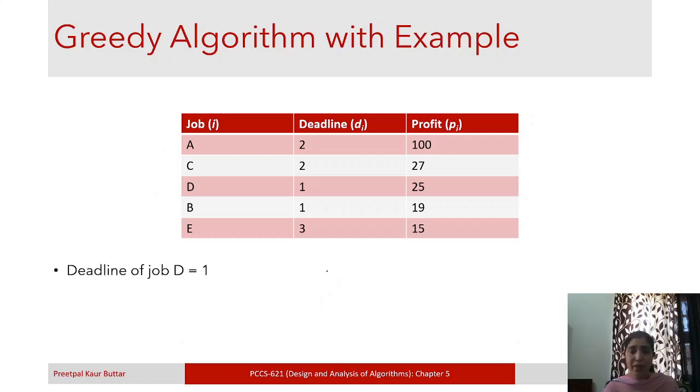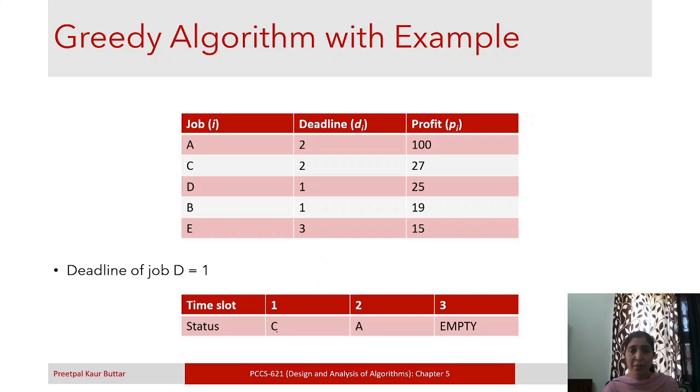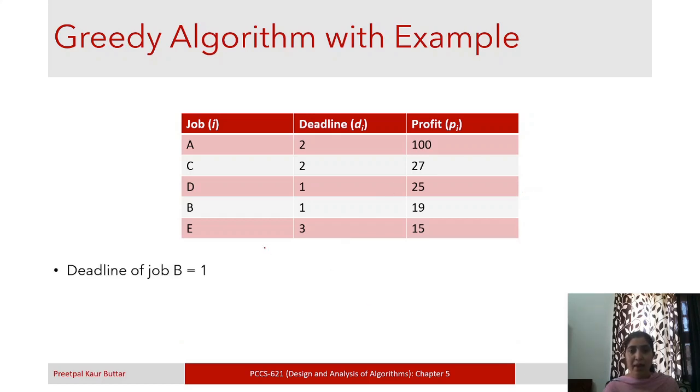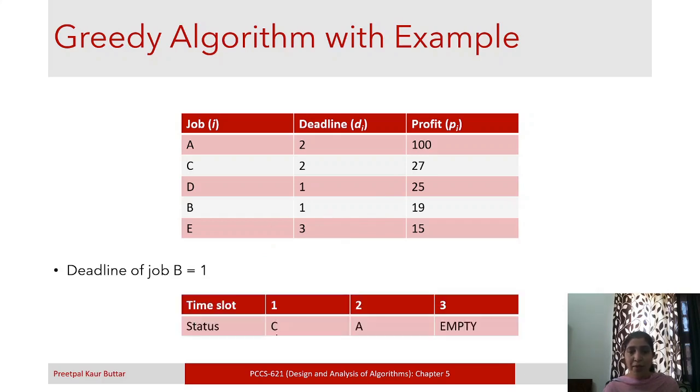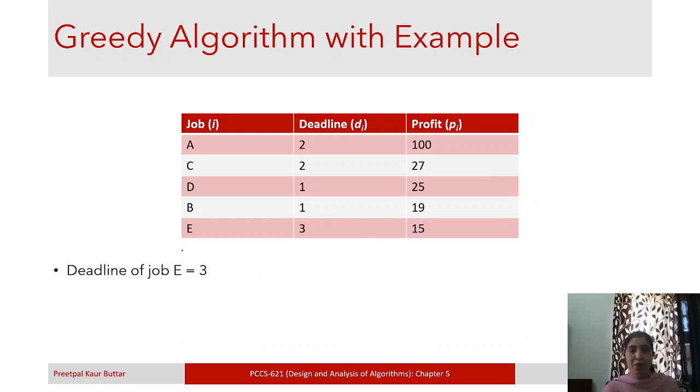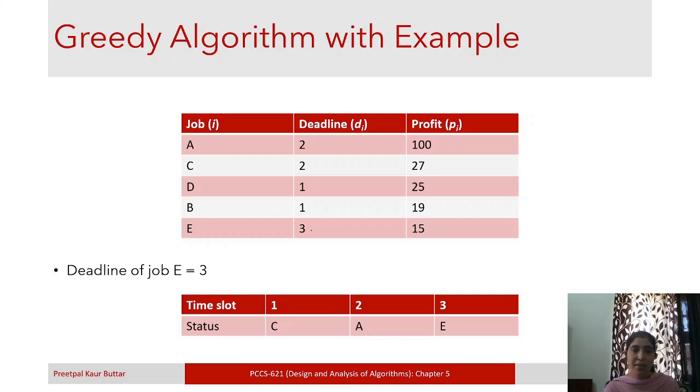Job A and job C are done, and the next job is job D. Job D's deadline is 1, but we do not have any empty slot at time 1, so we cannot schedule job D. Next we have job B. Job B's deadline is also 1, but we do not have any empty slot from its deadline till 0, so we will not schedule job B. At last we have job E, whose deadline is 3, and we have an empty slot at 3, so we put E in slot 3.